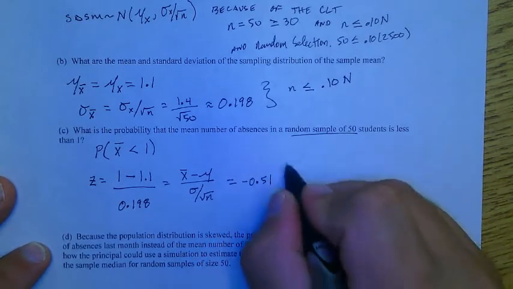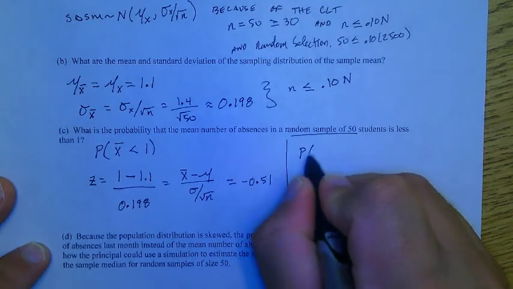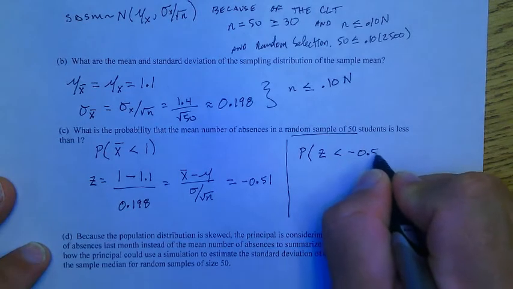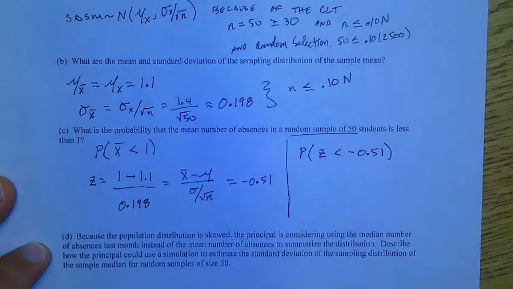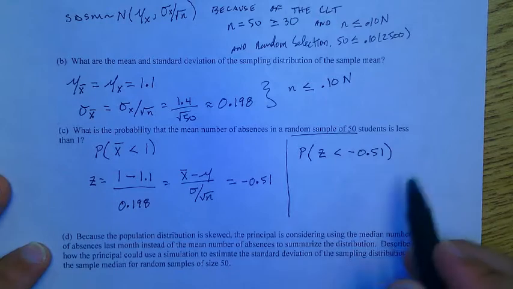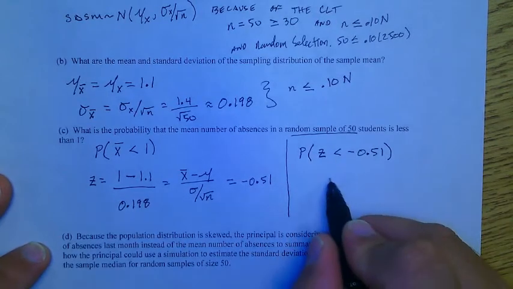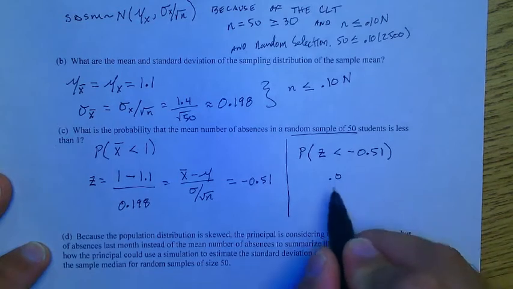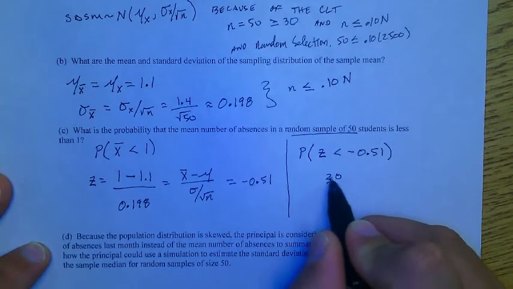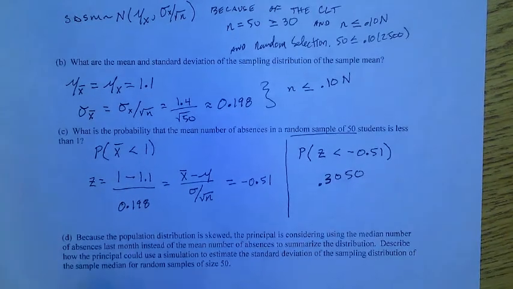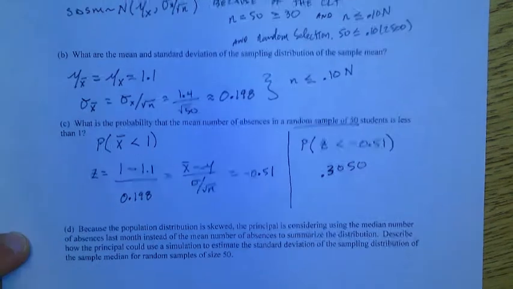Therefore, I'm looking for the probability that my z-score is less than negative 0.51. If I use my table of values or my calculator, I get 0.30. So about a 30% chance of this happening. So far, what have we done?